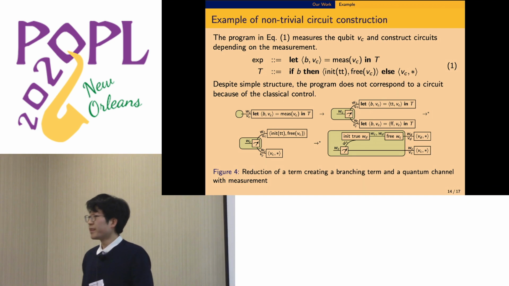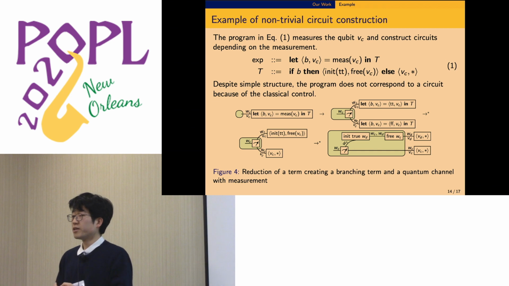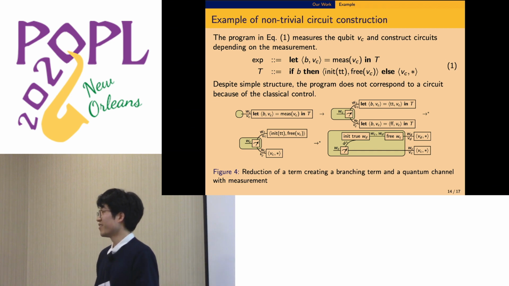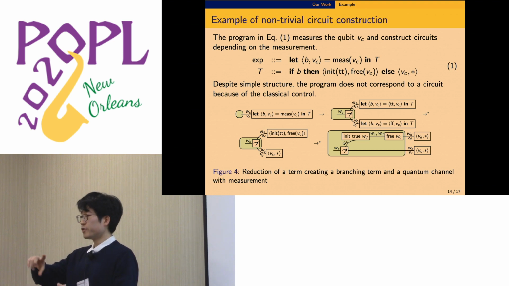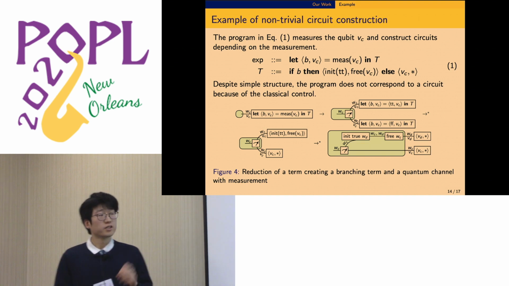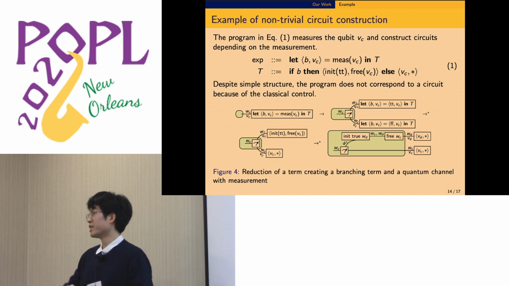But it's only for the operational semantics. In Quipper, there is also denotational semantics, so we can reduce it further by calculating matrices. But here I was just talking about the term operational semantics level.